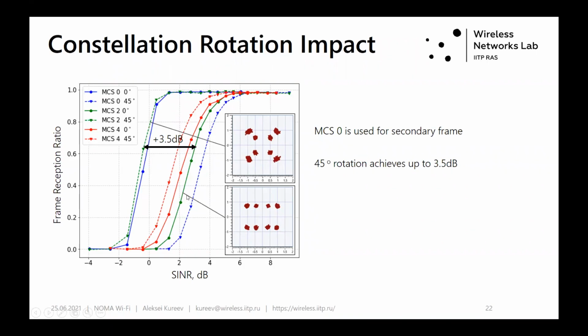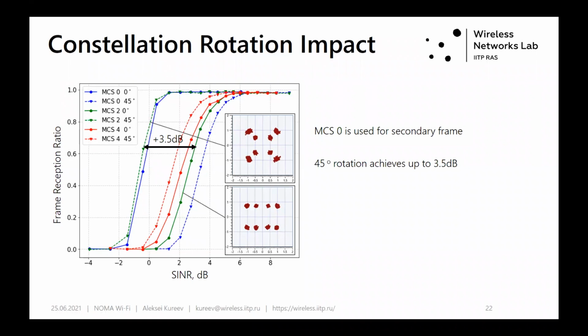And here you see an example for the green curves, which is a combination of QPSK and BPSK. And here we have this constellation, and for this dashed curve, we see that the gain is higher, and the overall frame reception ratio curve turns to the left by 3.5 decibels.